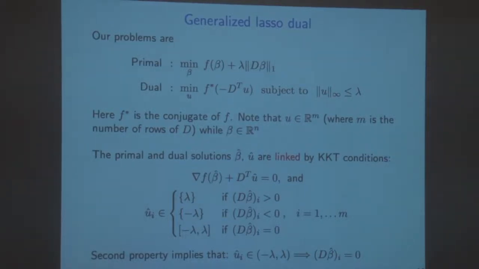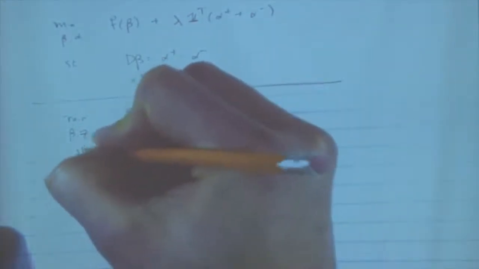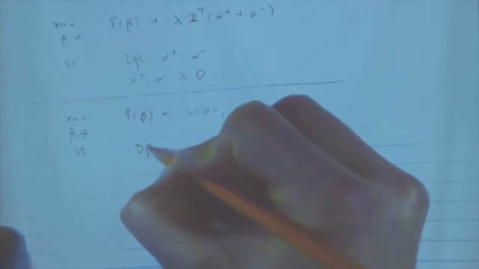So let's just go through that. We can probably do that fairly quickly. I'm going to introduce a variable z for D beta, and I'll rewrite the problem like this. If you try to derive the dual on your own, you would see that it's quite hard to derive the conjugate function of the L1 norm when a transformation is in there.